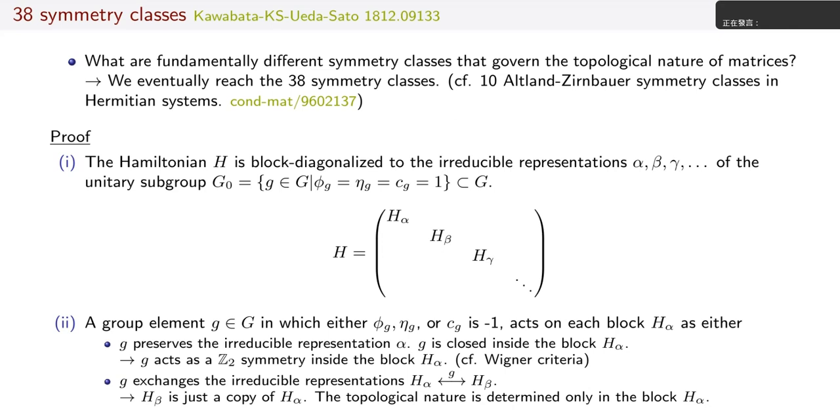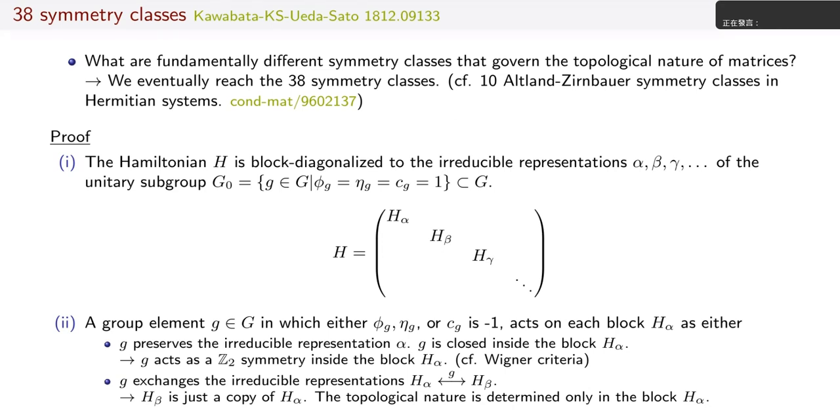Okay. Then we can conclude that there are two patterns. The first pattern is that the other symmetry, which is not unitary, preserves the irreducible block alpha, which also means that this group element G is closed inside this irreducible block. So this is actually a true Z2 symmetry inside this block alpha. Another pattern is that G exchanges the irreducible representations, for example alpha and beta.